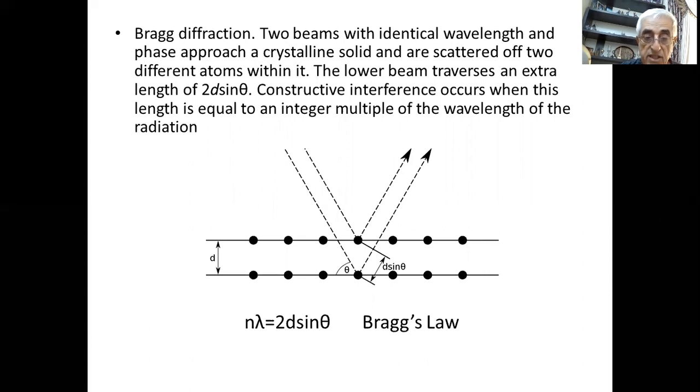The distance between two planes in the crystal is d, and the angle of incidence is theta. The path difference between the two beams, one from the surface and one from the inner surface, is d sine theta. So n lambda equals 2d sine theta, and this is called Bragg's law.